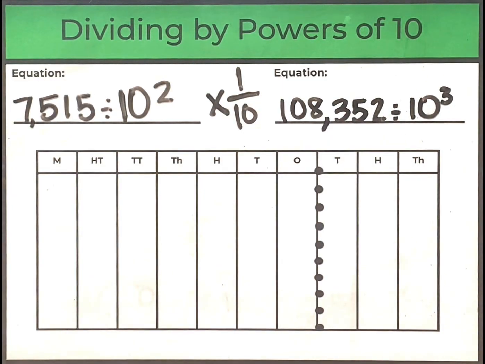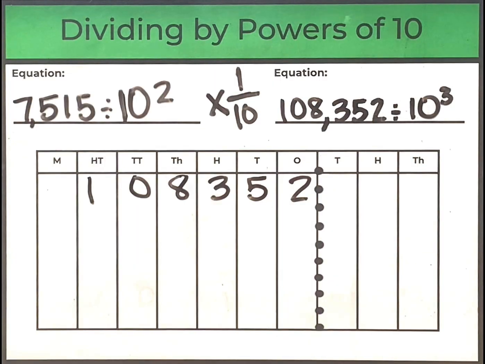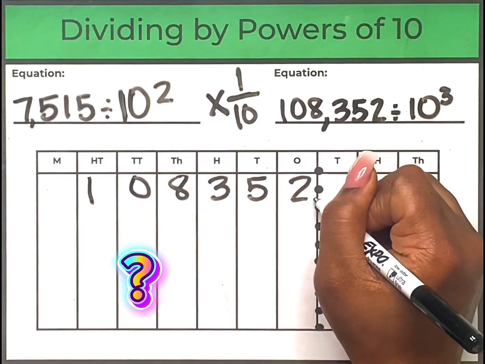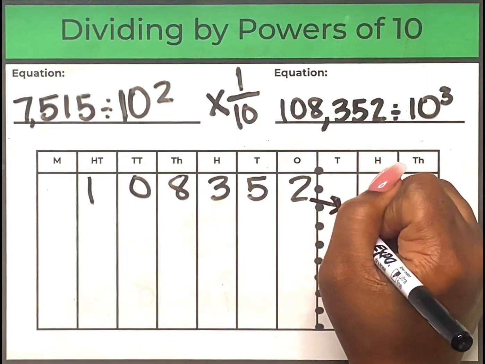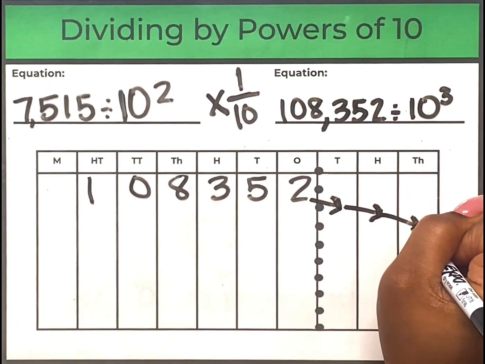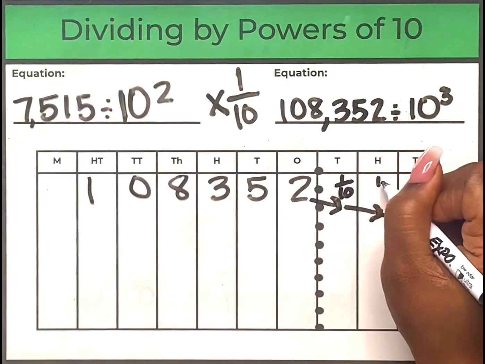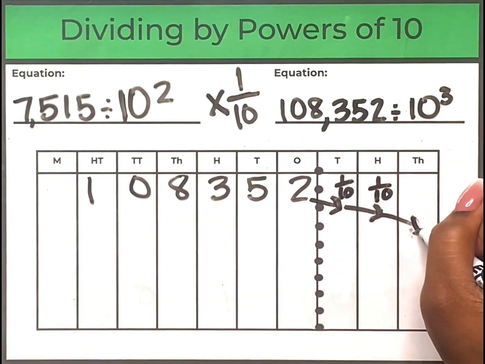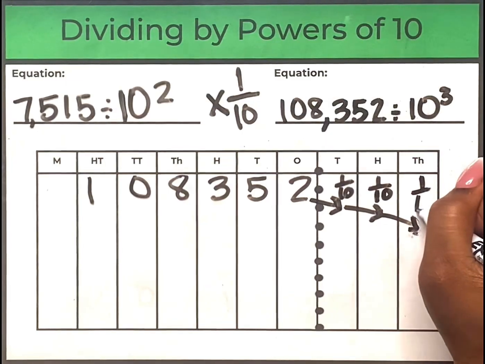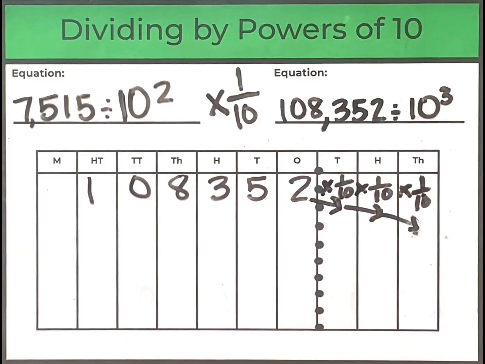108,352 divided by 10 to the third power. We know we start by placing a number in the chart. We know we're going back or to the right. How many times? Hopefully you said 3. Good job. 1, 2, and 3. Let's put the times 1/10. This times 1/10 means division.